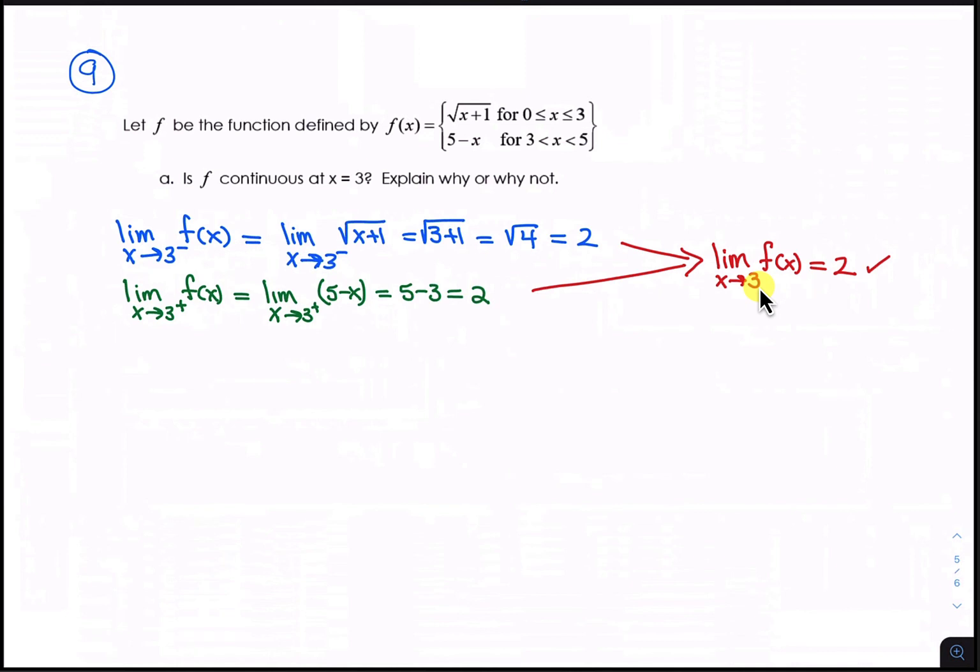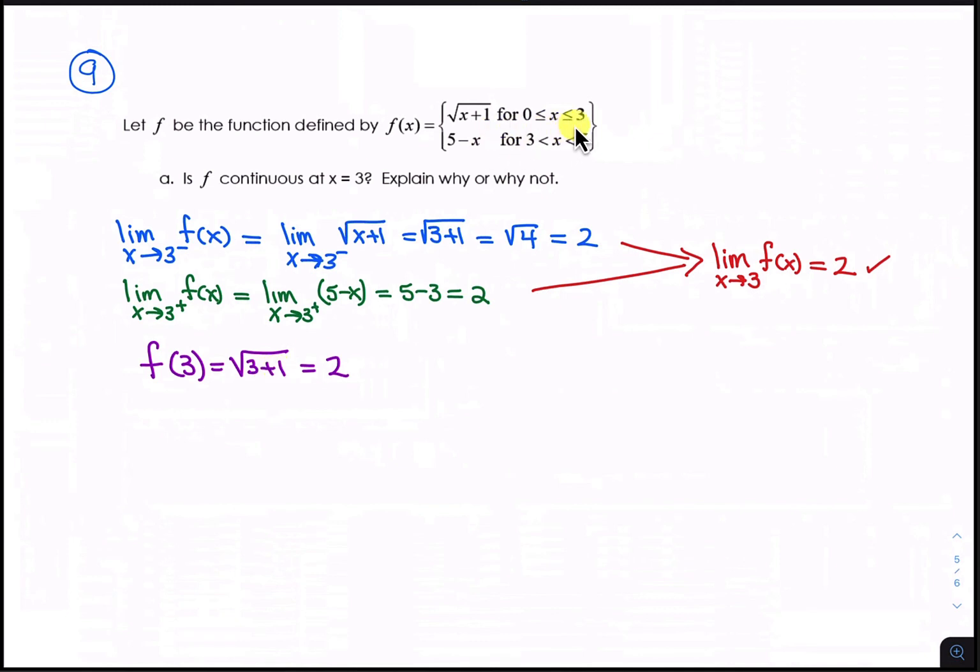What is the y value at 3? So f of 3 is going to be the square root of 3 plus 1, and that is the square root of 4, and that is 2. All right, well, let me just make sure you understand that. Why are we saying that f of 3 is the square root of 3 plus 1?